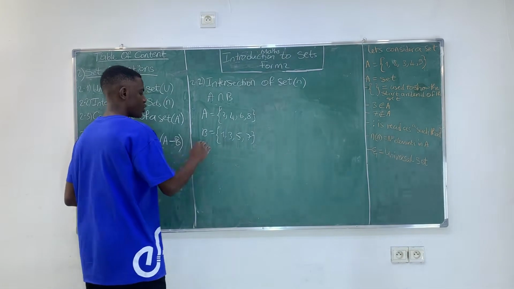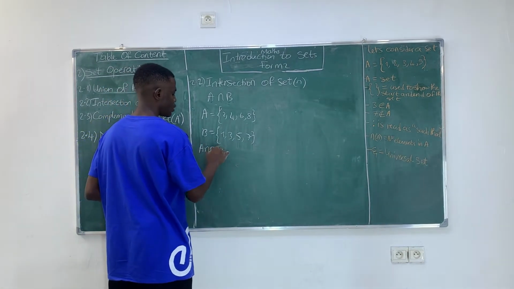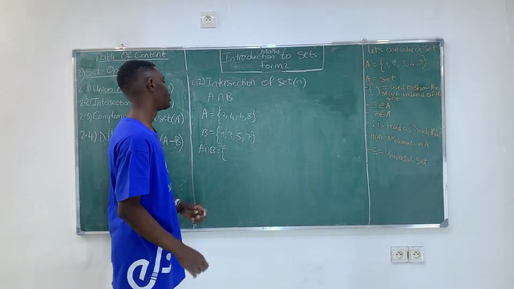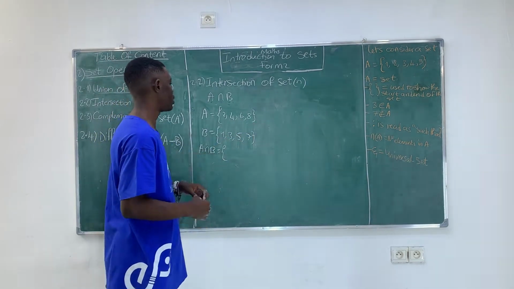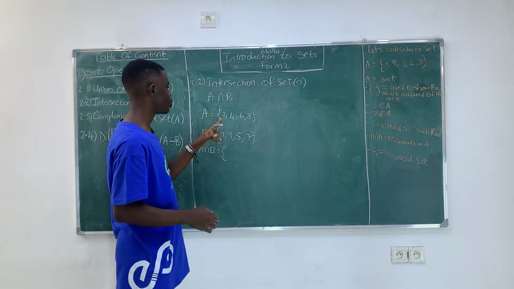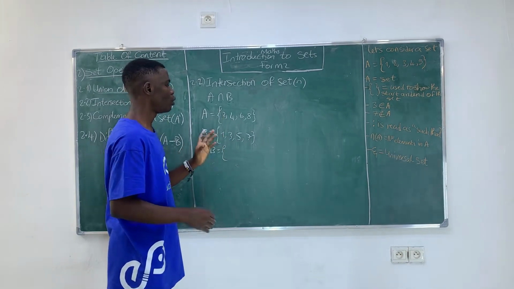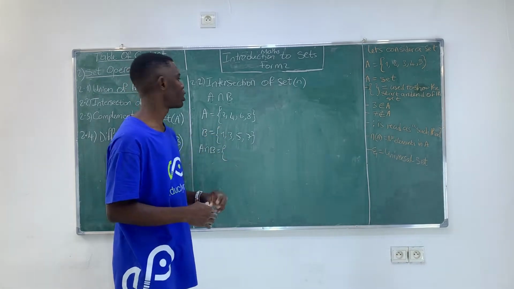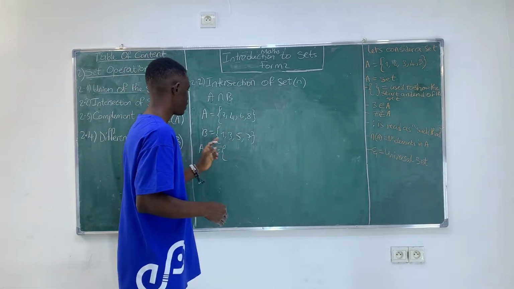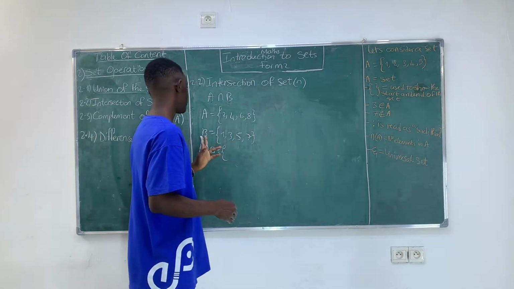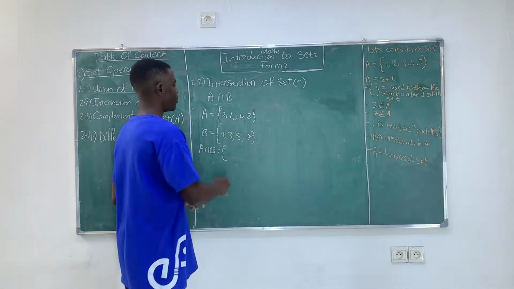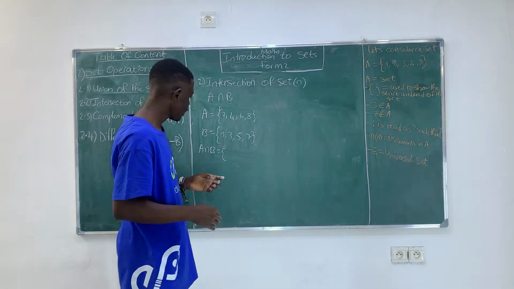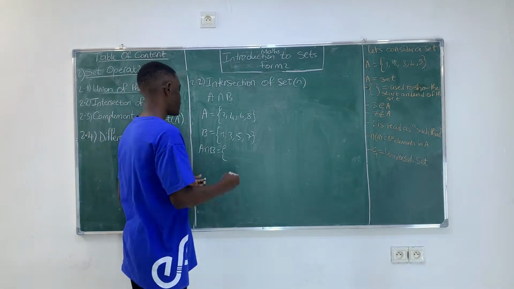So what will be A intersection B? A intersection B, as we said before, is all of the terms that are in A that are also found in B. Let's start with 2. 2 is in A, is 2 in B? No. 4 is in A, is 4 in B? No. 6 is in A, is 6 in B? No. 8 is in A, is 8 in B? No. You can do the same for all of these values, you see that they are not the same. So you say that the intersection is an empty set.